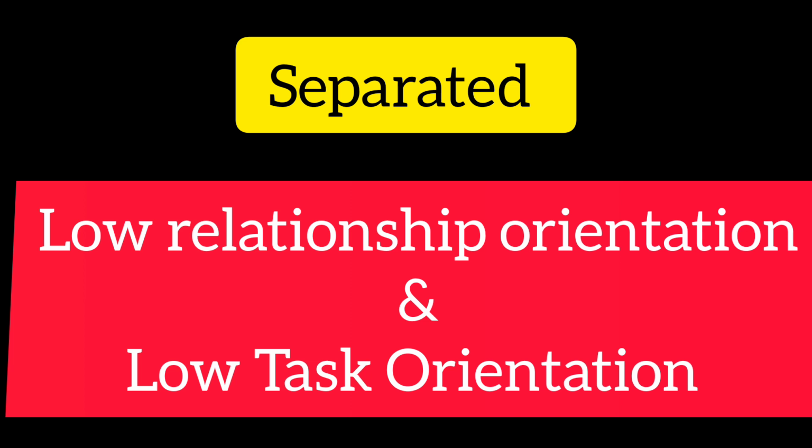The separated manager is engaged in correcting deviation from the norm, and formulates rules and policies and imposes these on others, but does not take a direct commanding role. So that's why he has low task orientation power and low relationship orientation.